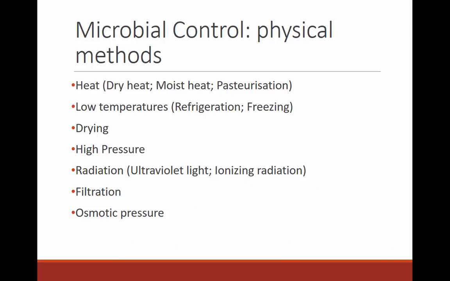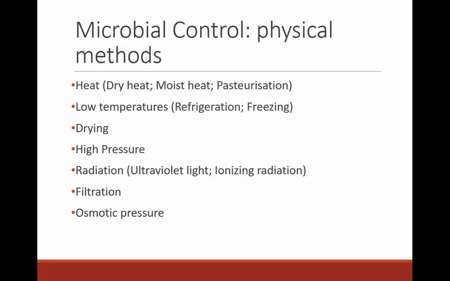Now, physical ways of decreasing microbial population. As I said before, you can have heat. In the prac, we use heat, with flaming loops, etc., to get rid of microorganisms. Okay, so we can use that on a larger scale: we can use dry heat or moist heat, or we could even use pasteurization.